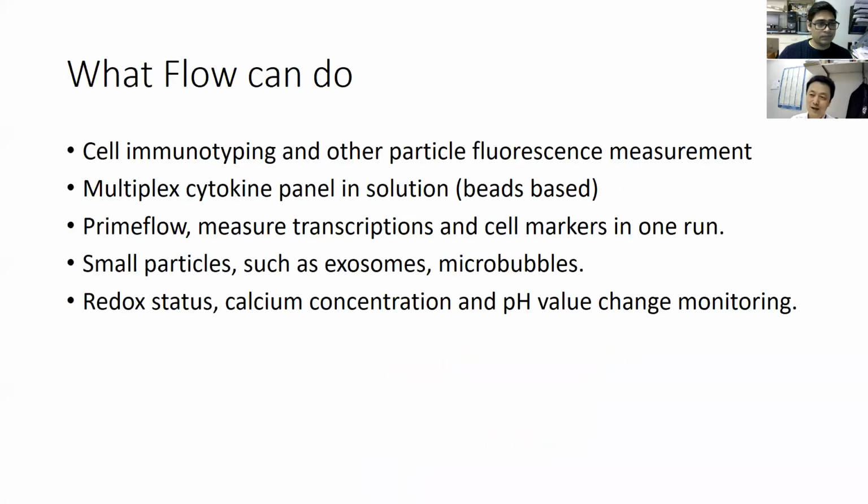First of all, a quick reminder of what flow can do. First is immunotyping, which most of you are already familiar with. We use CD markers to type different cell types, and also other particle fluorescence measurements such as cell cycle, which all use flow fluorophore probes.